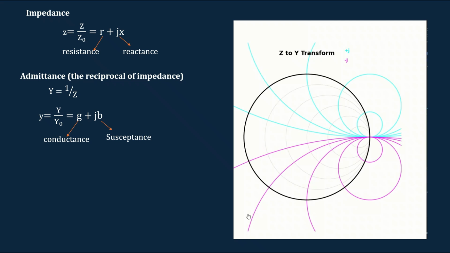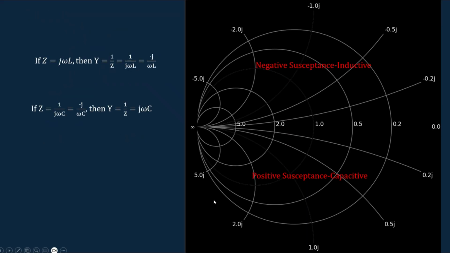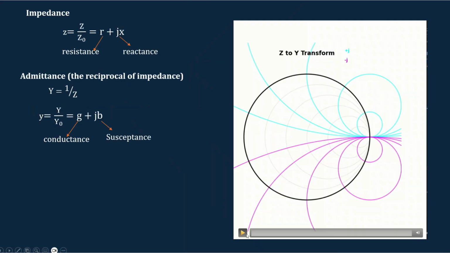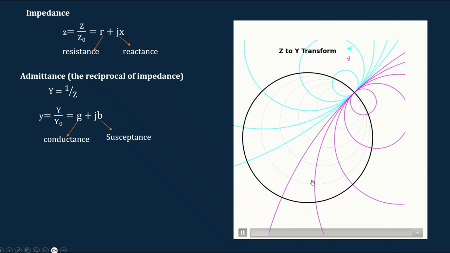Let's see how it is formed from the impedance chart. Here it shows how the Z to Y transformation happens. This shows our impedance chart. Here you can see the constant circles, these curves represent the inductance, and the pink curve represents the capacitance. When we take the inverse of the impedance, it is like rotating by 180 degrees.